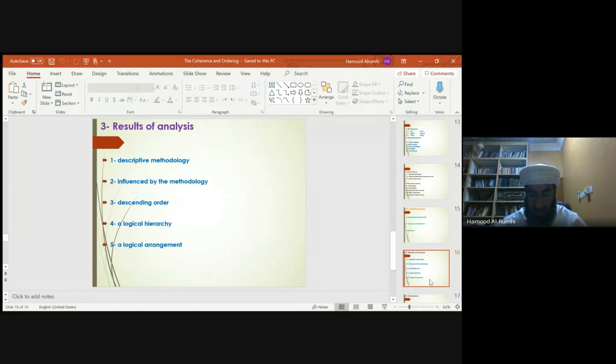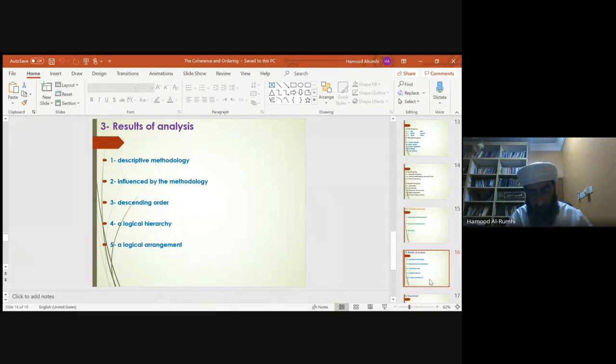Secondly, this presentation of phonetic topics within the classical Arabic grammatical treatises was influenced by the methodology of Sibawayh's work. They mostly follow his phonetic terms and definitions. The third one, these treatises present the places of articulation in ascending order from the glottal sounds through to the labial sounds, as I mentioned before.